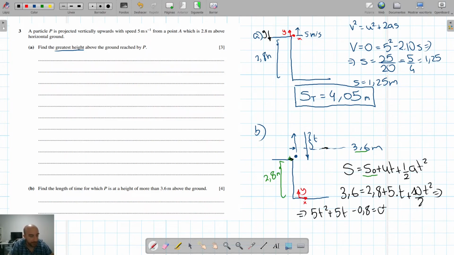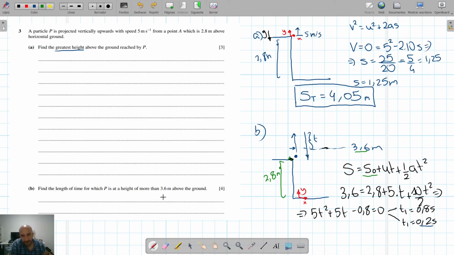So if we solve that second grade equation, with a calculator or with your second grade equation formula, you obtain 2 times, which are 0.8 seconds and 0.2 seconds. What does this mean? It means that it crossed the distance of 3.6 at 0.2 seconds, went up and then started falling down and crossed that distance again.